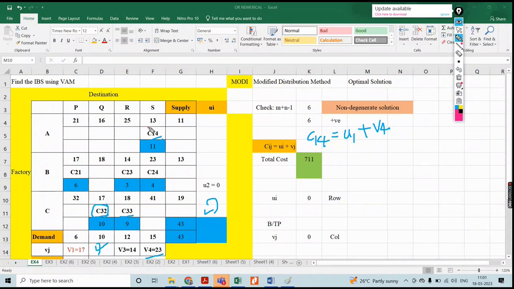C14 value is 13. 13 equal to, do you know the U1 value? No, that is the unknown U1, plus what is the V4 value? 23. Okay, what is U1 value here? U1 equal to 13 minus 23. What is the value? Minus 10.